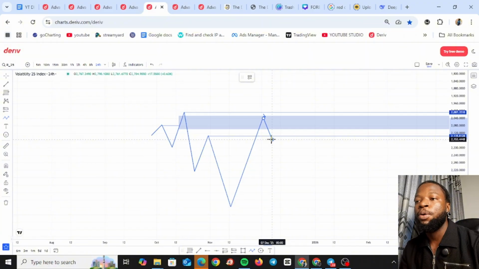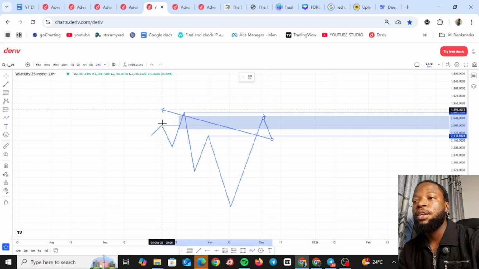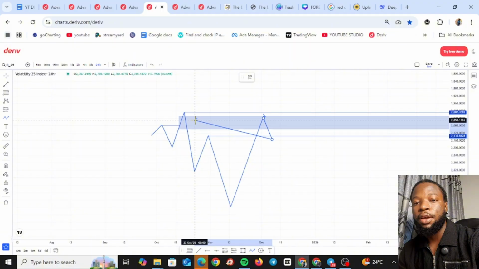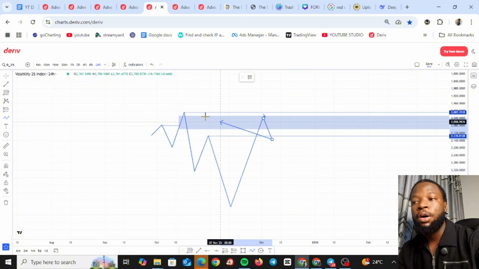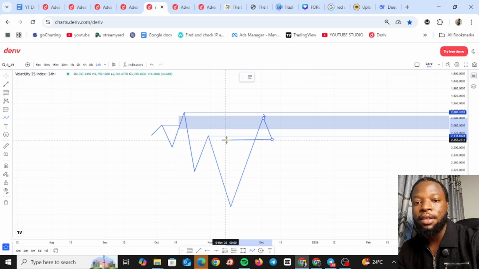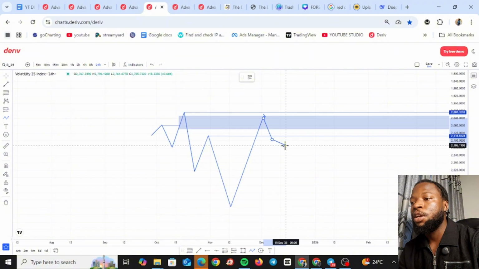So now on the 4-hour time frame, you see this structure again. Take for example, on the weekly time frame, we saw this structure that the price is bearish, and then on the 24-hour, we still see the same thing, that the price is bearish. Now we scale down to our 15 minutes or 30 minutes time frame, and we see that price is also still giving us this structure like this.